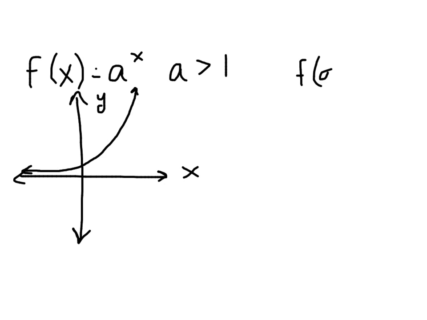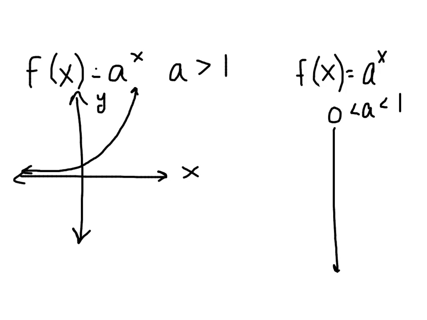If you have a to the x, but this time the base is from 0 to 1, that's basically just a fractional base, less than 1, now you're going to have ones that come down the hill like that. So if you have a whole number base, you're going to be like the one on the left. If you have a fractional base, you're going to be like the one on the right.